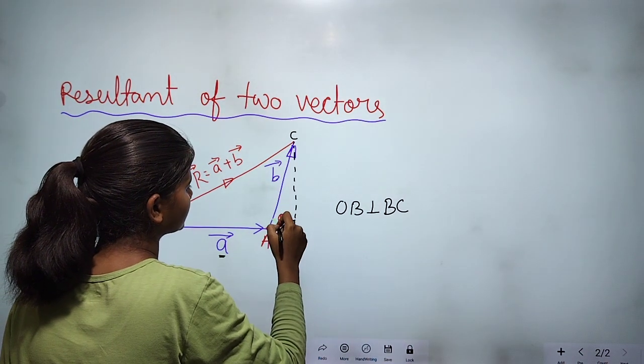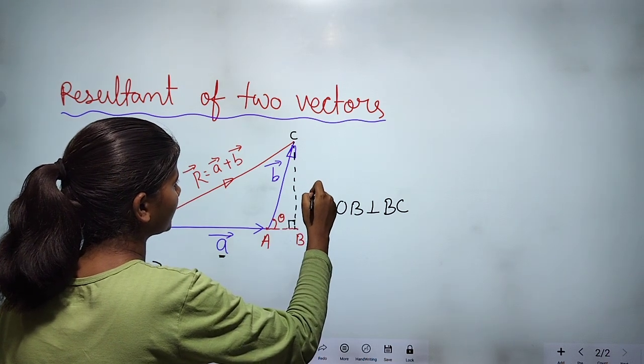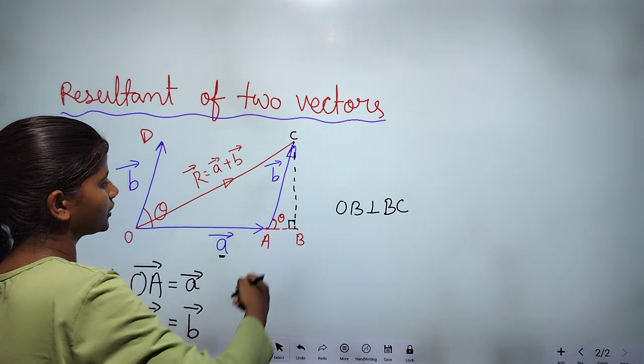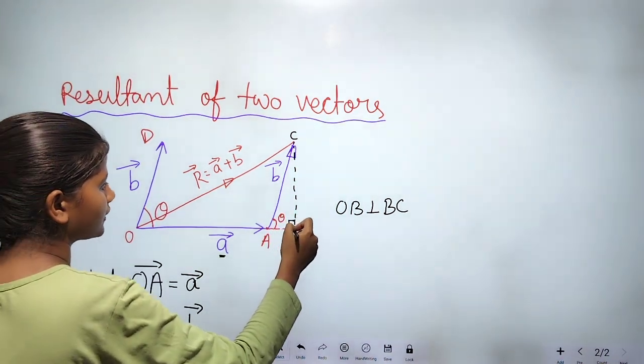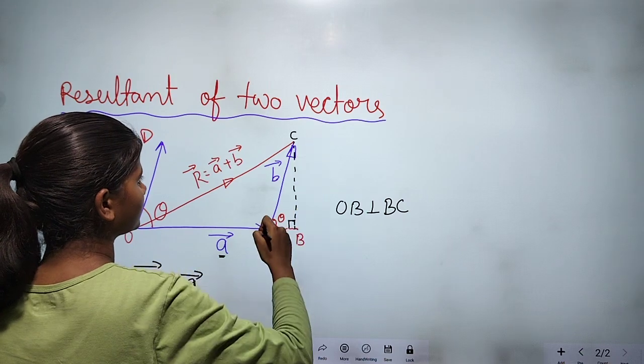So sin theta is equal to perpendicular by hypotenuse. This one is our hypotenuse. So here we can write sin theta is equal to BC by AC.